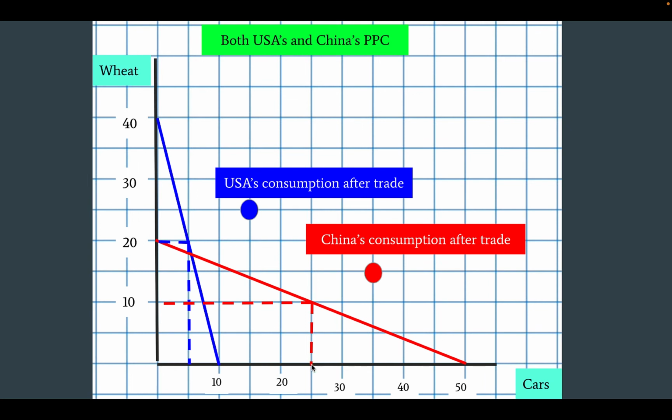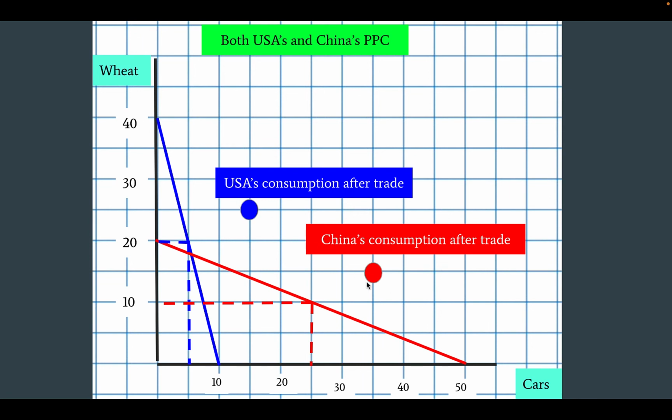Beforehand, China only had 25 cars, now it's got 35. Again, the price of cars would tend to fall, as a result of increased production, and therefore Chinese consumers have a higher standard of living in wheat and a higher standard of living in terms of cars. They are consuming more of both goods than they were previously.